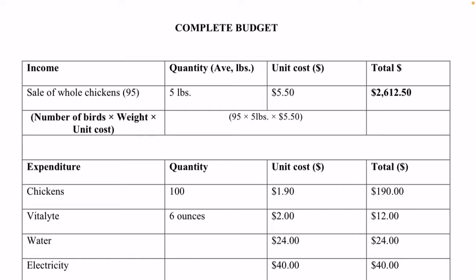All right, so how do we come up with our total figure for income? All that is required, as you can see based on our formula, is to multiply the number of birds, which is 95, multiply that by the average weight, which is 5 pounds, and then multiply that by the unit cost, which is $5.50. And it should give you a total of $2,612.50 as the total cost.